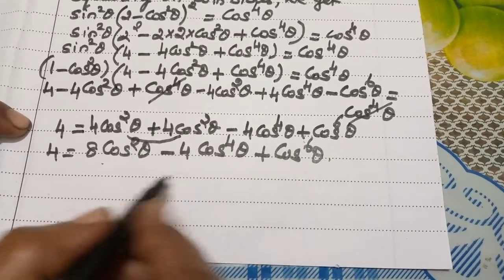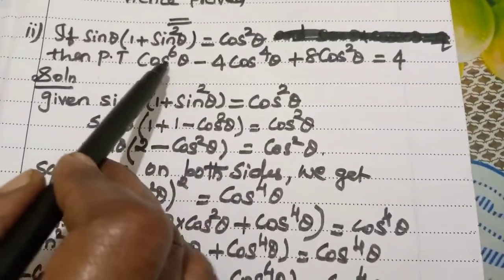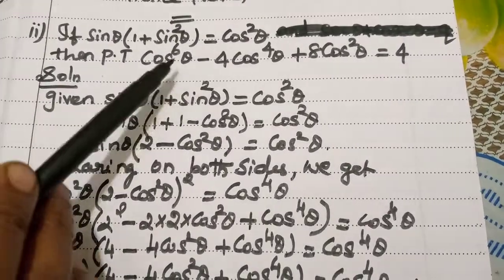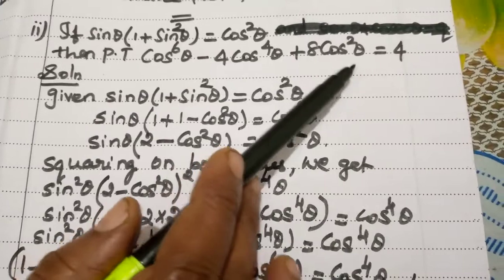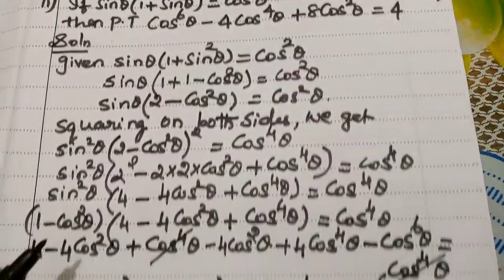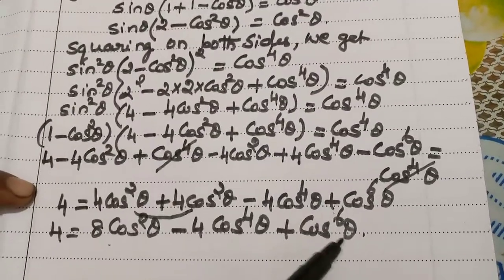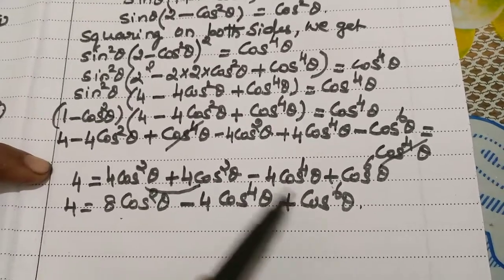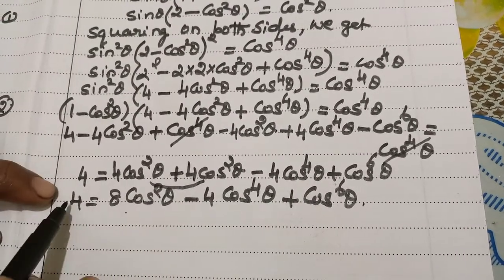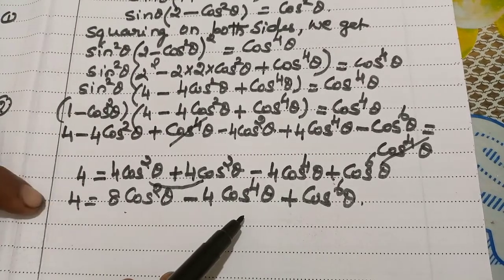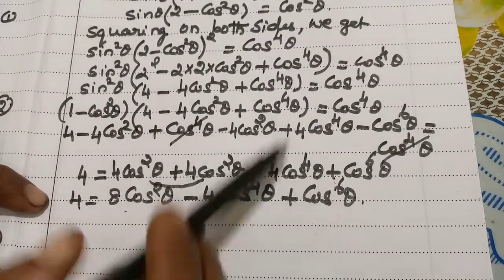Okay, so orderly let's write. What is the given question? Cos power 6 theta minus 4 cos power 4 theta plus 8 cos square theta is equal to 4. Okay, so let's change the sides. These three terms let's write here, RHS terms let's write here, and LHS terms let's write here. So how can we write orderly as it is in the given question order?